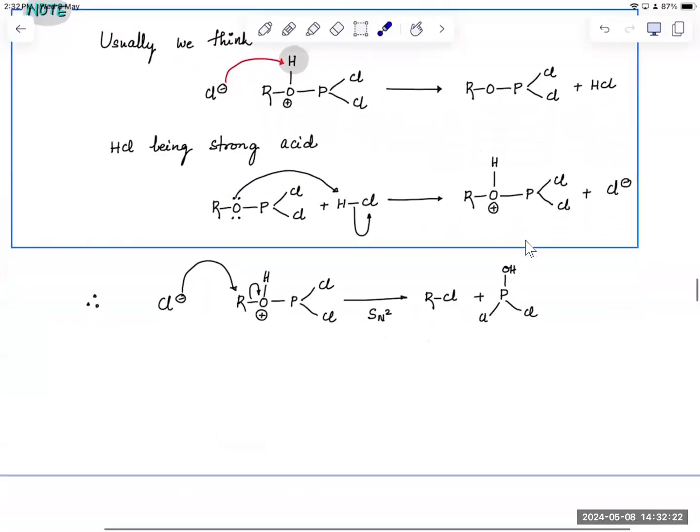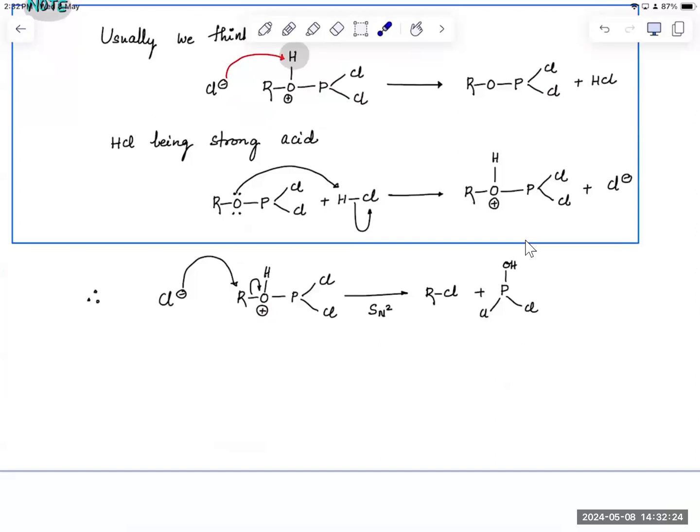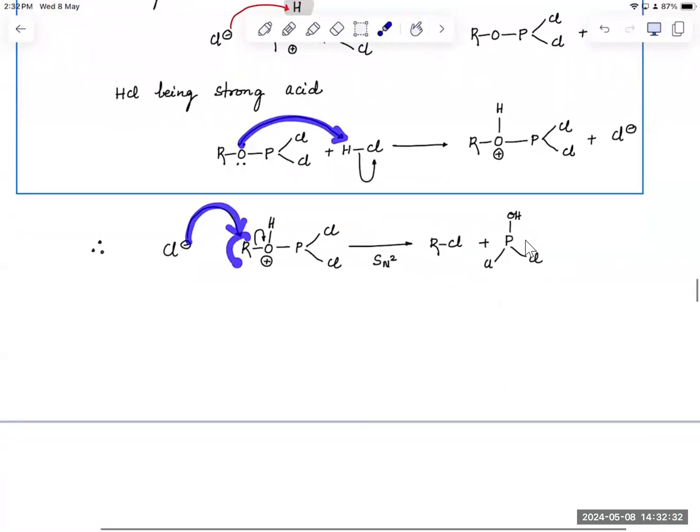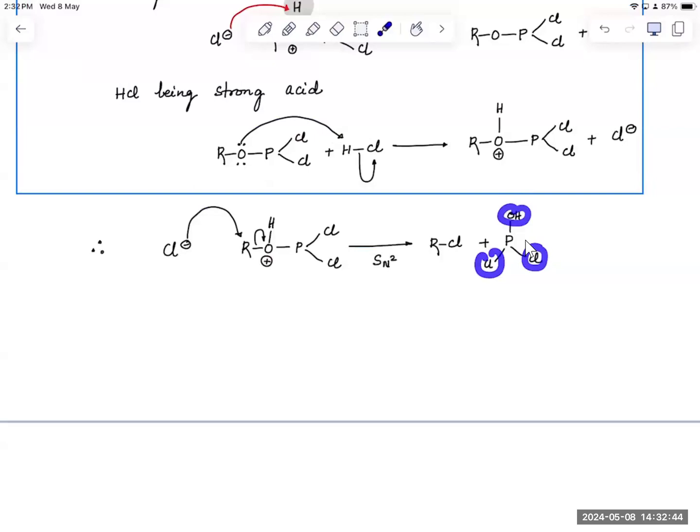Typically, the Cl minus present on this would attack on R, breaks this bond, and you'll get POH, Cl and Cl. So what are we getting? 1 mole of RCl, and POHCl2 will be present here.